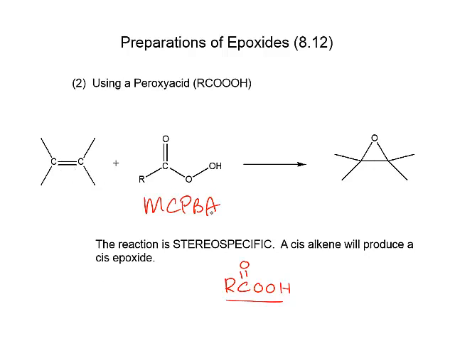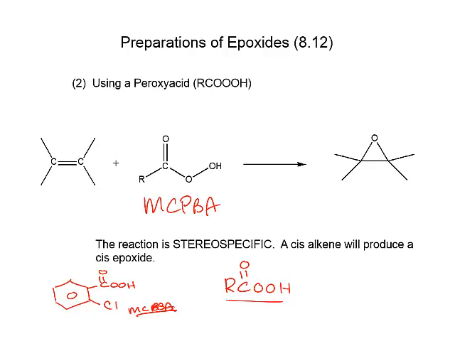The MCPBA must have been from last week. That is a very specific type of peroxy acid that is used. It's called meta-chloroperbenzoic acid. So there's perbenzoic acid and there's metachloro. So that's the actual structure of MCPBA.